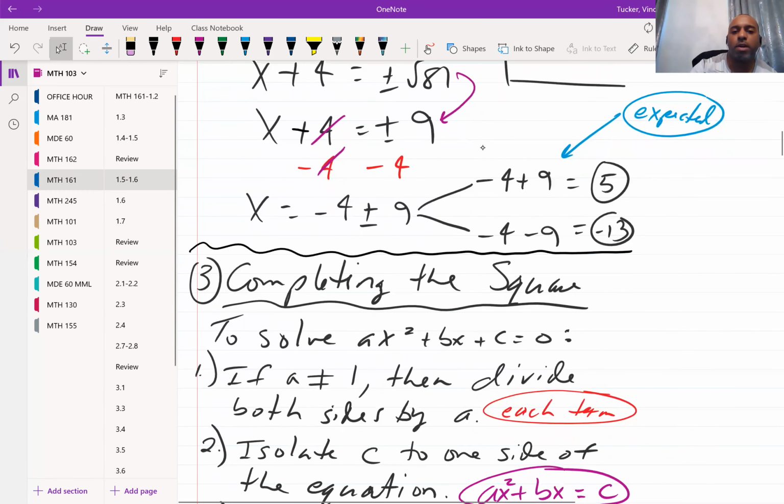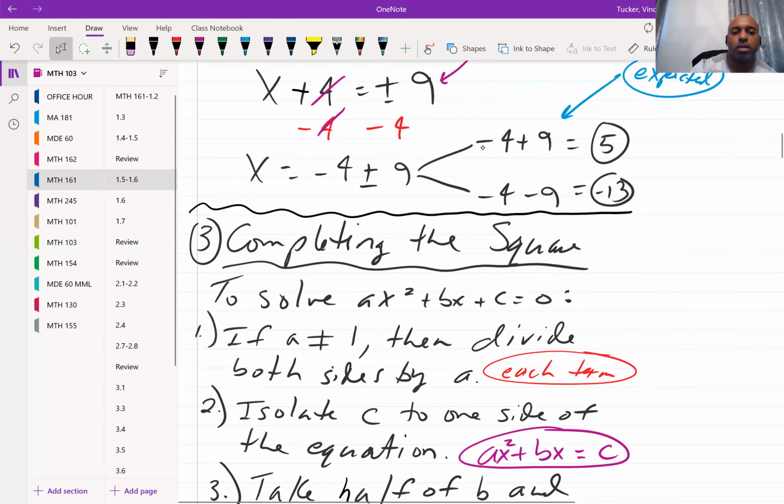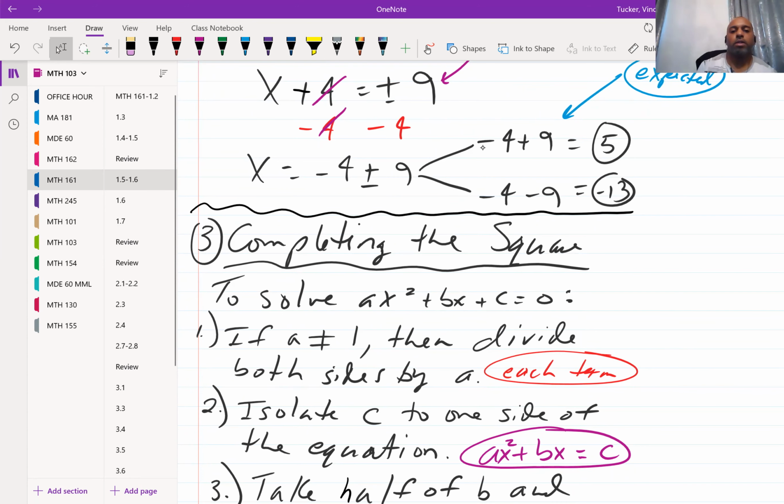All right, next process is completing the square. So we actually have steps for this one. We want to solve when the equation is in this form, ax² + bx + c = 0.